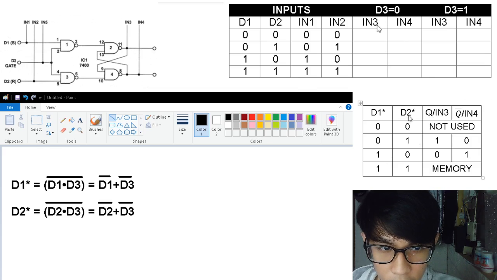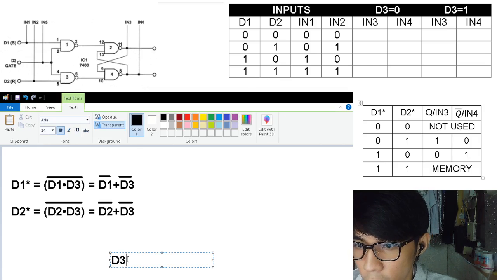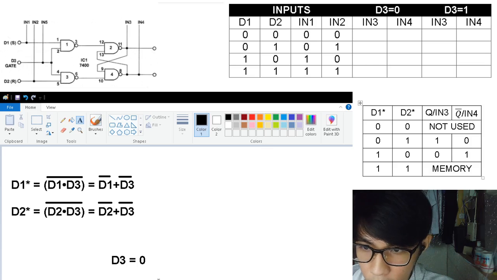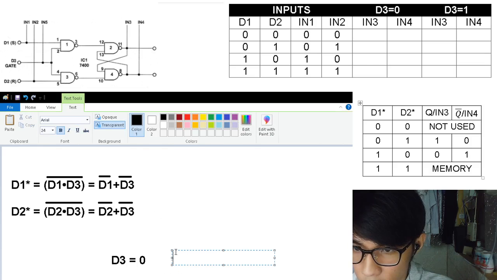If D3 is 0, we can see here that D3 goes through the NOT gate, so let's type here D3 is equal to 0. The value of D3 complement will be 1.